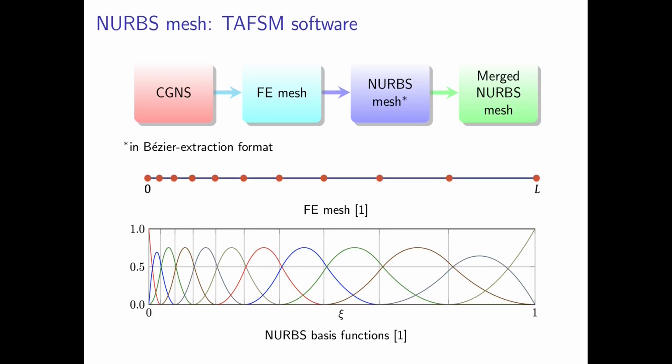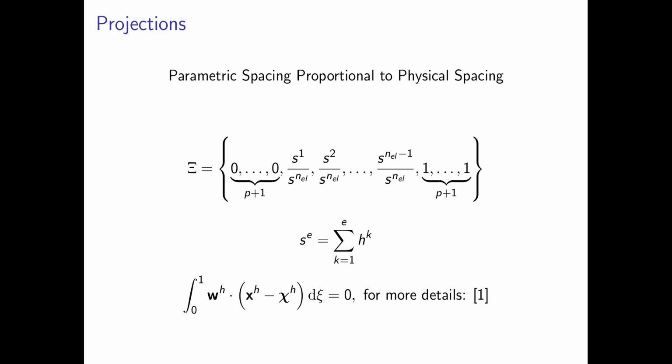Let's return to the projections. For each patch, the projections are performed hierarchically. First, the control points at the corners of the patch are set to the same locations as the corner grid points of the block. Then the edges between the corners are projected by using the common parametric space.